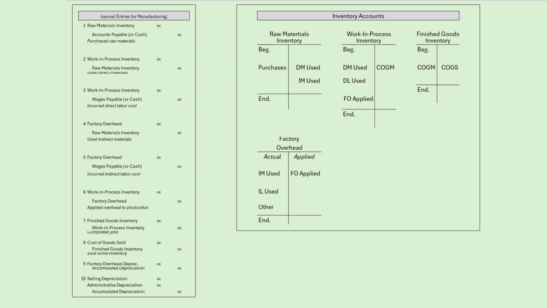So we have direct and indirect costs. A direct cost is a cost that is easily traceable to a product, and an indirect cost is not easily traceable to any one product. The example I use is the cost of a windshield in producing automobiles.